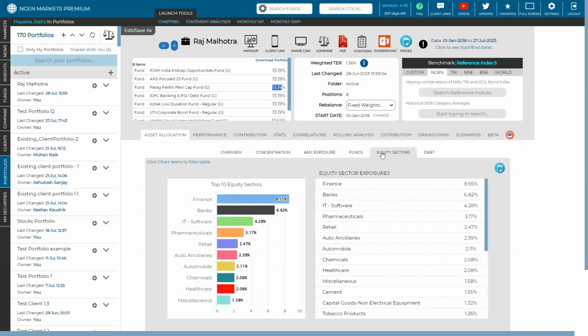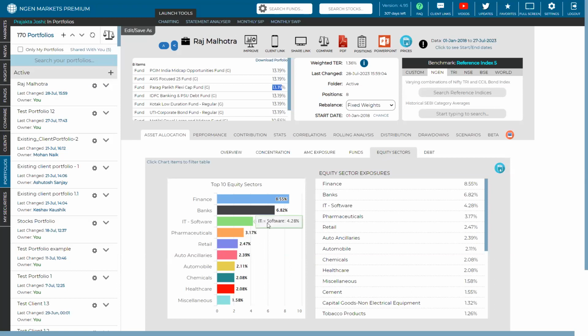Next, we have equity sector wise exposure. This helps you understand to what extent your portfolio is exposed to one particular sector. So going ahead, if your outlook says that these are not going to be very good days for IT as a sector, and you want to see to what extent your portfolio is exposed to that sector, directly head over to equity sectors.